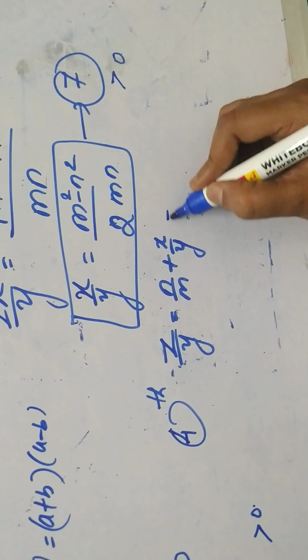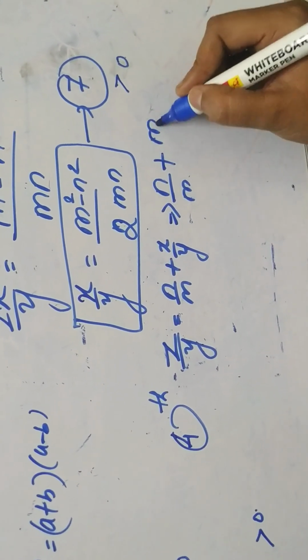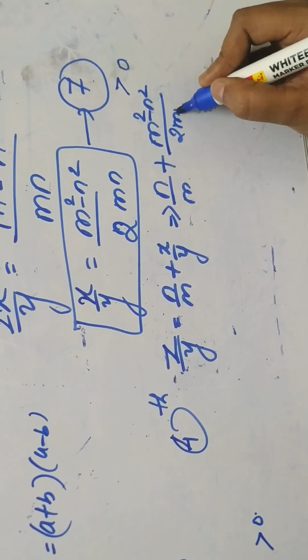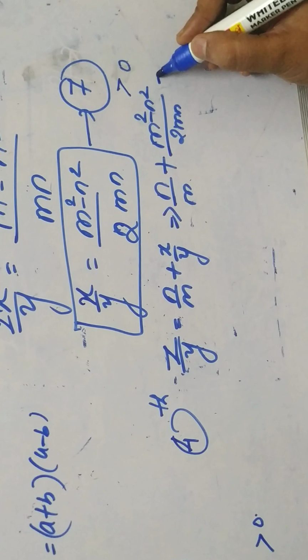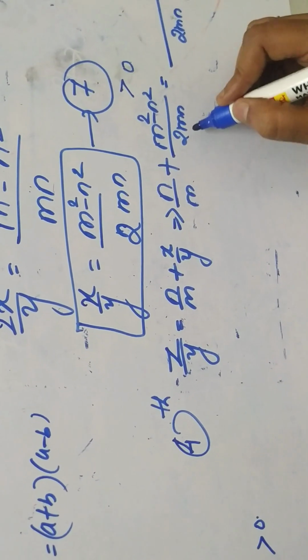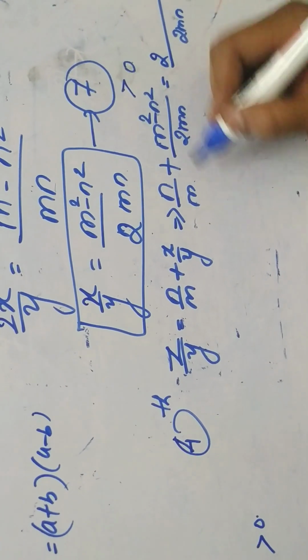So we can substitute. So what we get? N by m plus m square minus n square divided by 2mn. Take LCM. 2mn becomes LCM. Cross multiply. So it becomes 2. M and m cancels out.